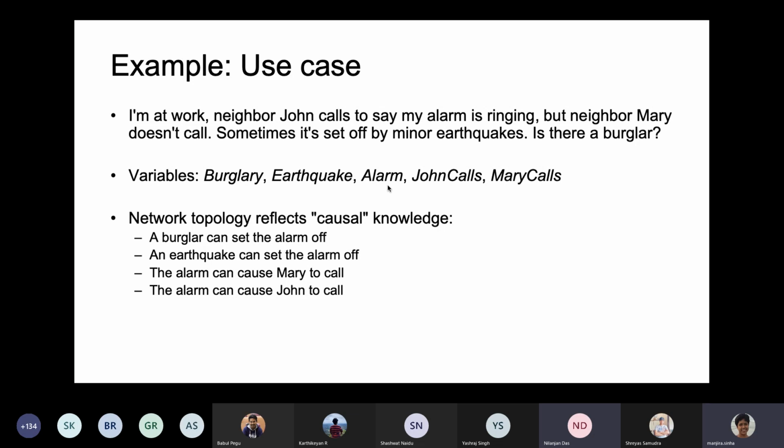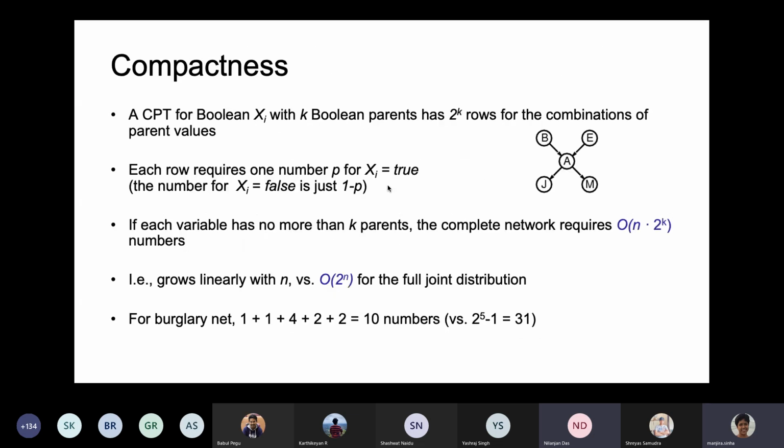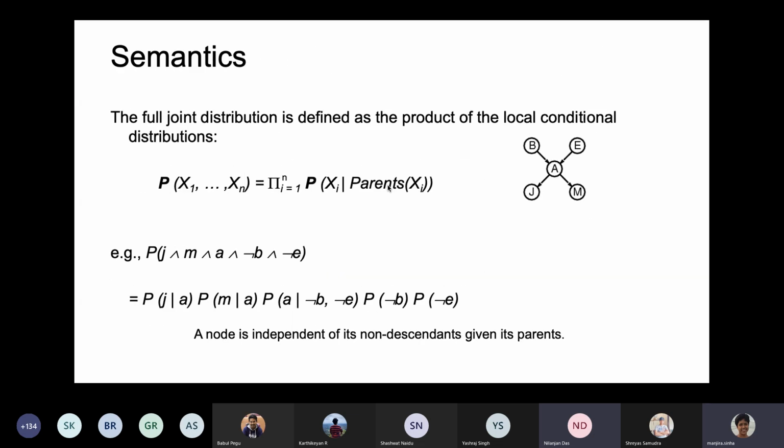This is what I am interested to find. Now, how do I find the full joint distribution over a Bayesian network? We have said that a random variable X is only dependent on its parents. So all the conditional probabilities are local, and two random variables like J and M, which do not have a direct link, are conditionally independent.